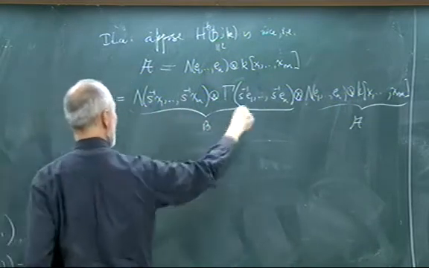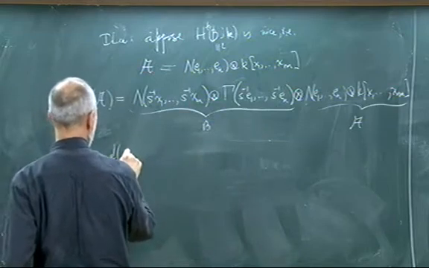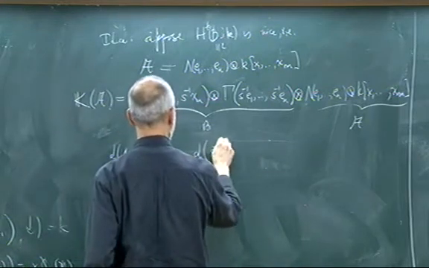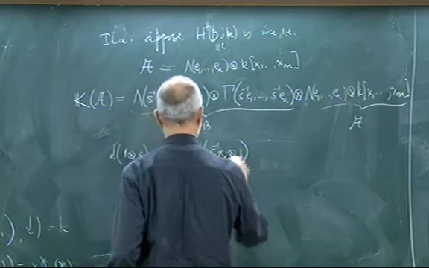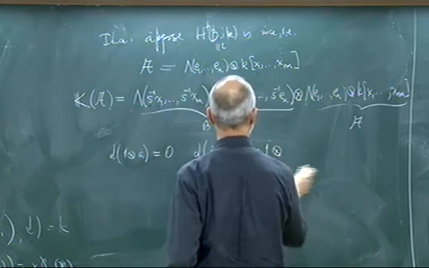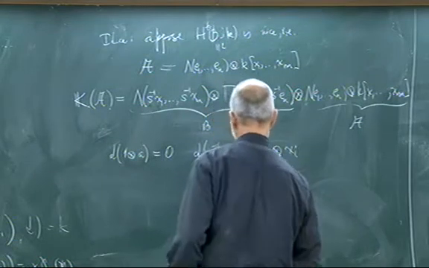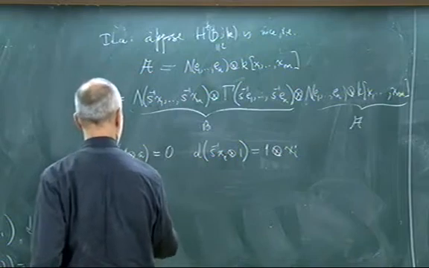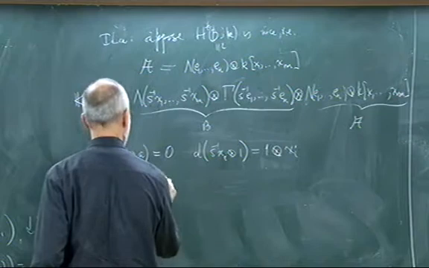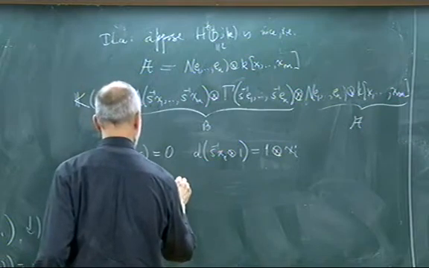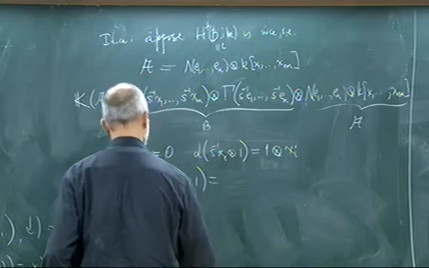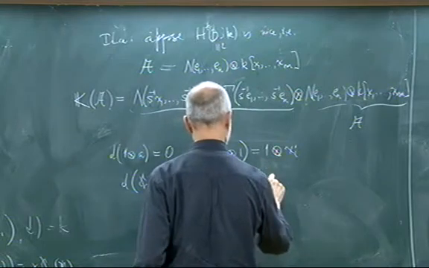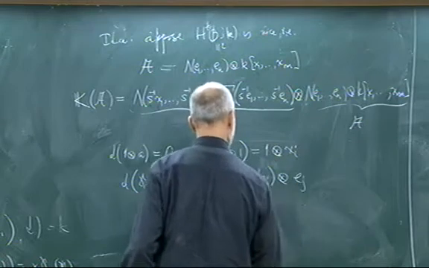Let me write this part as B, and this part as A. So think of this as B tensor with A. D on 1 tensor A is 0, D on s inverse x i tensor 1 will be equal to 1 tensor x i, and then d on gamma r s inverse e j tensor 1 will be equal to gamma r minus 1 s inverse e j tensor e j.